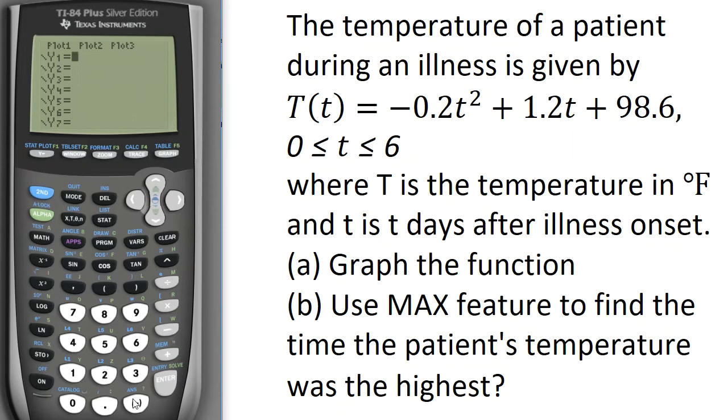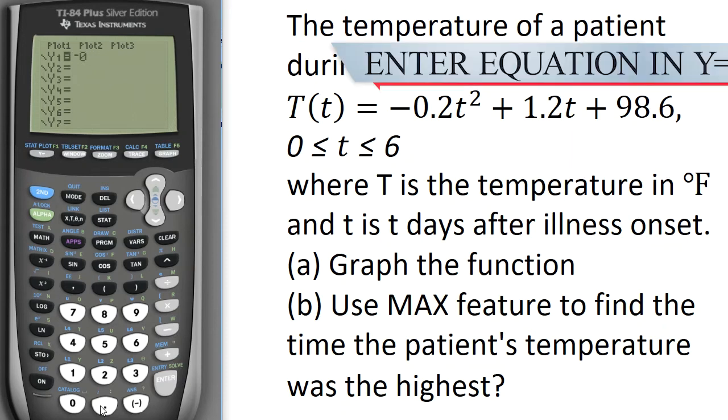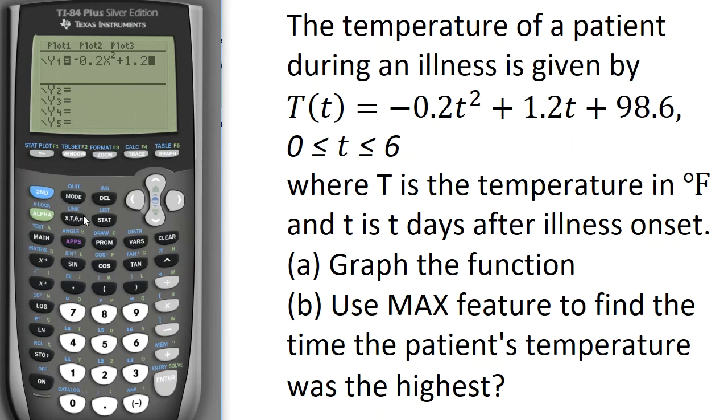This means subtract. This means negative. So minus 0.2 x squared plus 1.2x plus 98.6. I personally recommend the best way to learn is to use your calculator along with me.